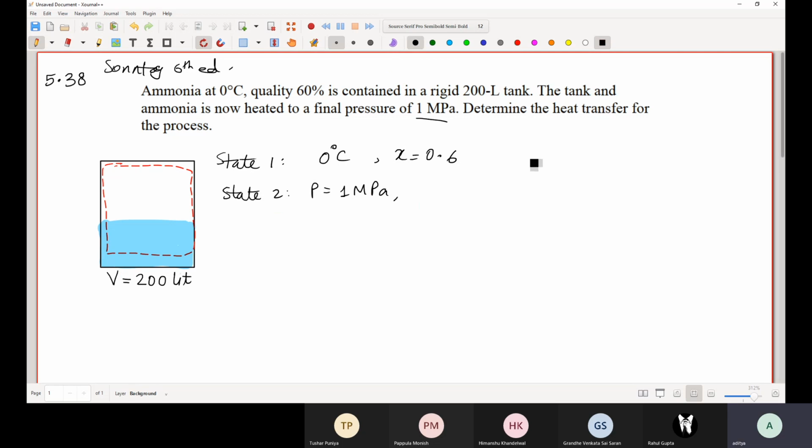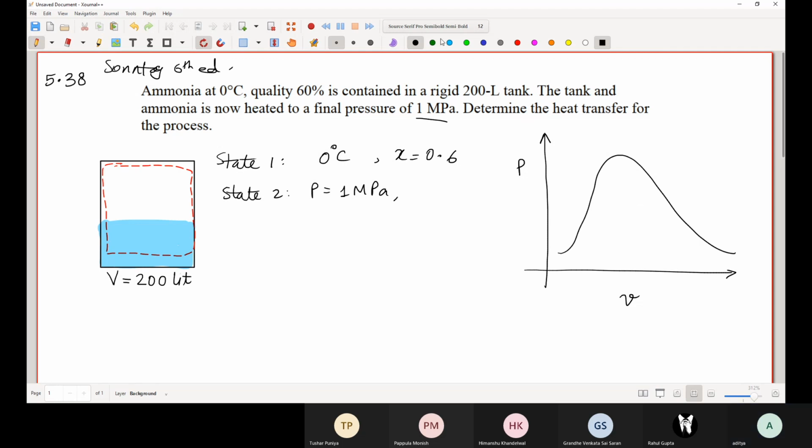So the next thing we will do is draw the schematic, and this is before even you sort of open EES or the tables or whatever. So let us draw a tentative schematic of how the process will look like. So on the PV diagram, we have the initial condition is 0 degrees Celsius. So let us draw the isotherm which corresponds to 0 degrees Celsius.